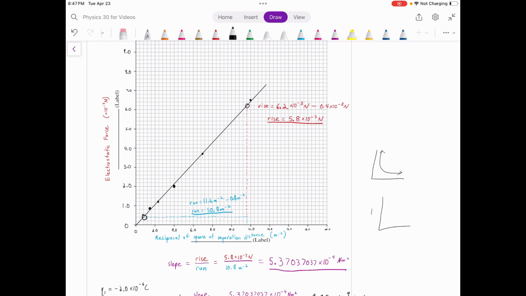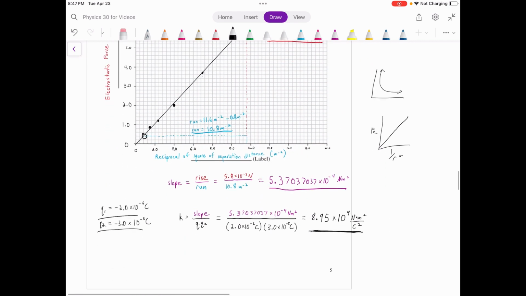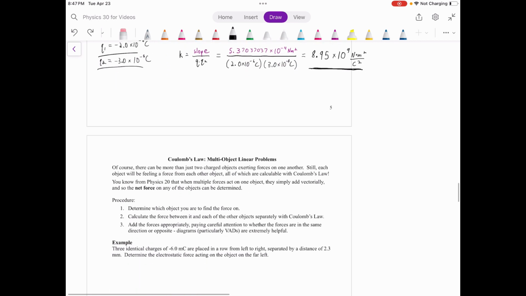Instead, do 1 over r squared so we get a line like this that we can find the slope of. Then let the equation tell us what to do with the slope. Find the slope like we're back in Math 10 and divide by the charges like the equation told us to. Cool, right? Very satisfying. All right.